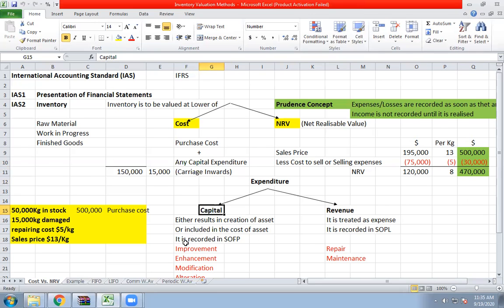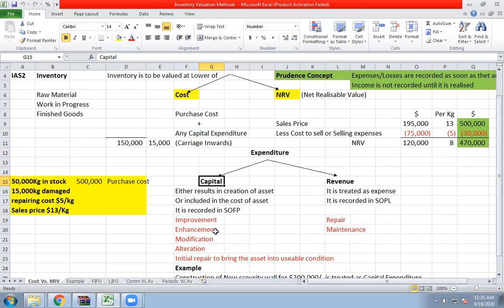As it is an asset, it has to be recorded in the statement of financial position. Normally, if we have some improvement expenses, enhancement expenses, modification or alteration expenses, or even initial repair to bring the asset into usable condition, all these expenditures are capital expenditure.